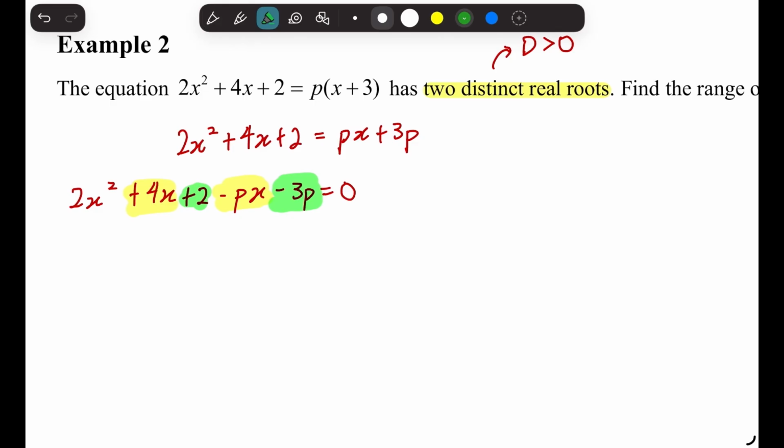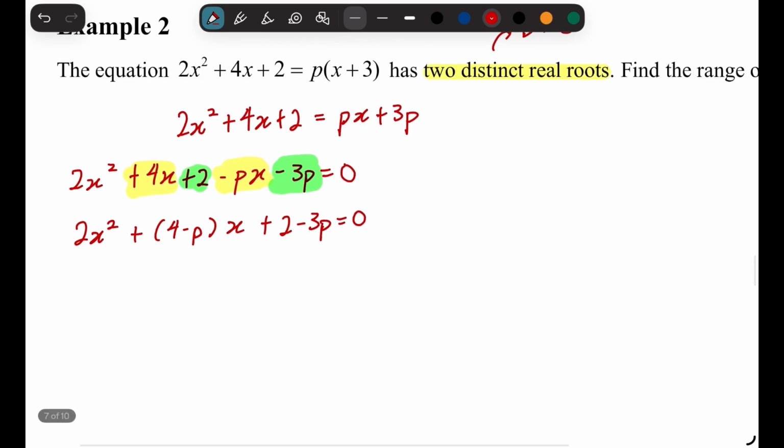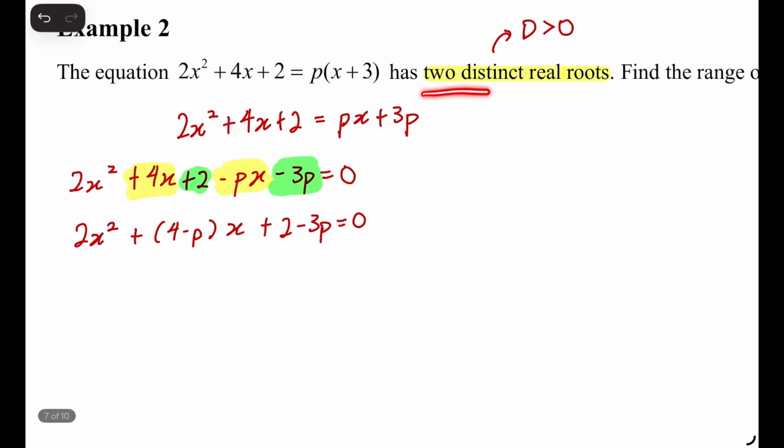So if I combine them together, I will get 2x squared plus (4 minus p)x, I can combine the x terms together, plus (2 minus 3p) equals to 0. Okay, so in this resulting quadratic equation, the question tells me that there are two distinct real roots.